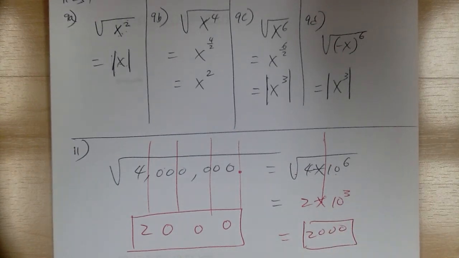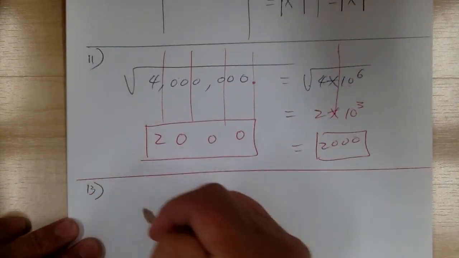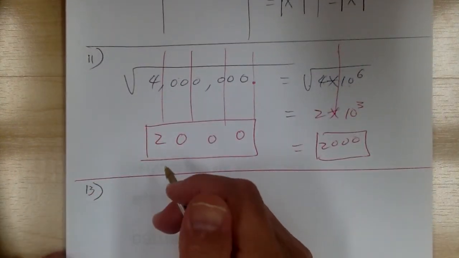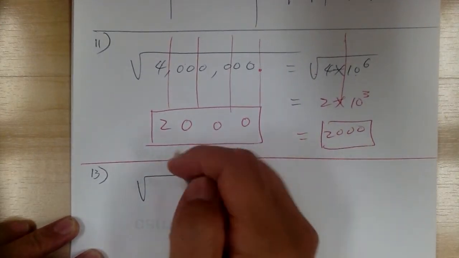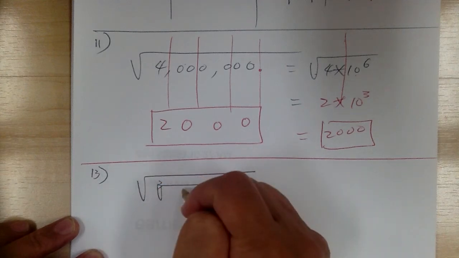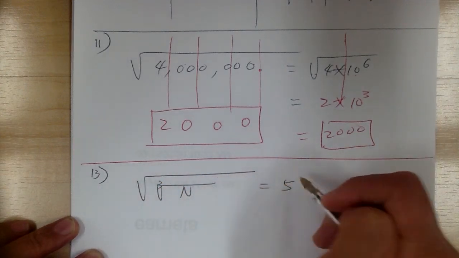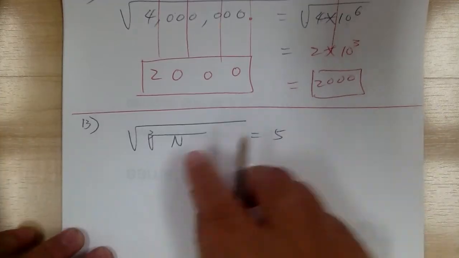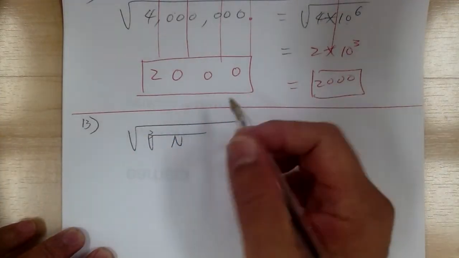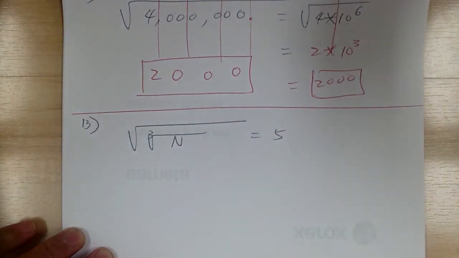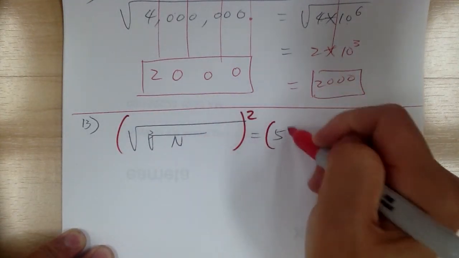Okay, let's go to 13. You're looking for the, so again, you have to translate. The square root of the cube root of n is 5. Now you solve for n. It's almost like an onion. You have to peel off from the outside. First you have to get rid of this layer, so you need to square both sides.